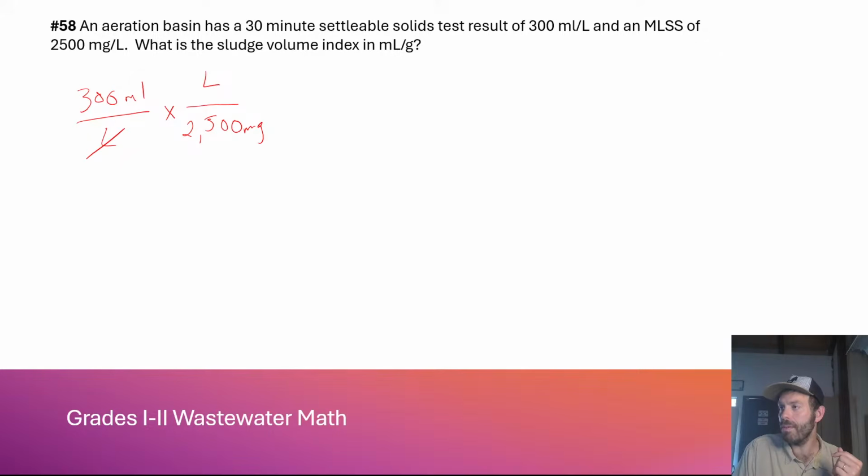Liters cancel out. So what does that mean? That means I divide 300 by 2,500, and that gives me milliliters per milligram. So I need one more conversion, and that is 1,000 milliliters. Is that right? Nope, milligrams. My apologies. Milligrams per gram.